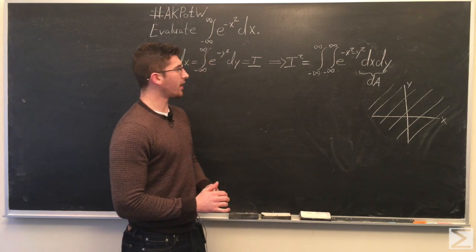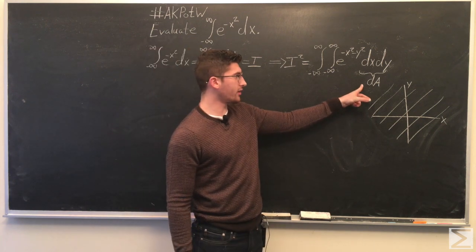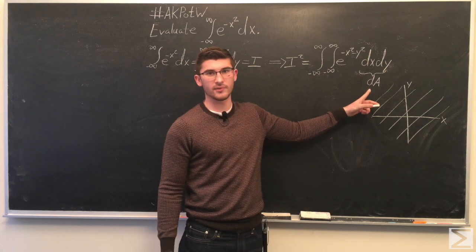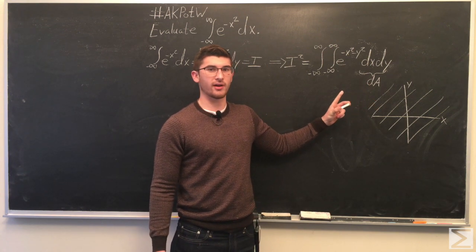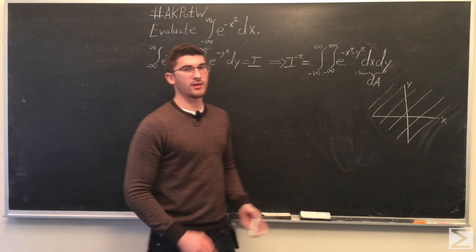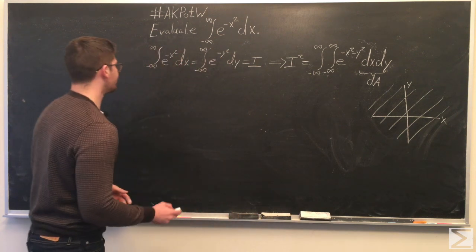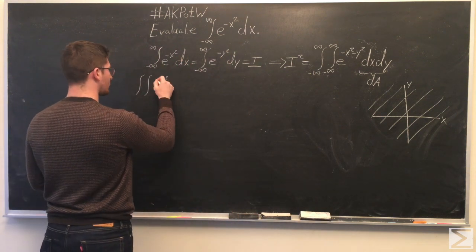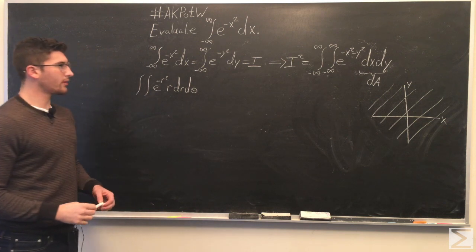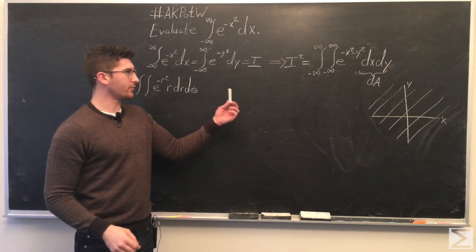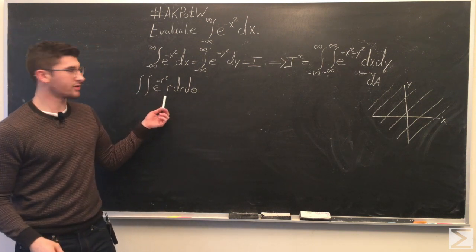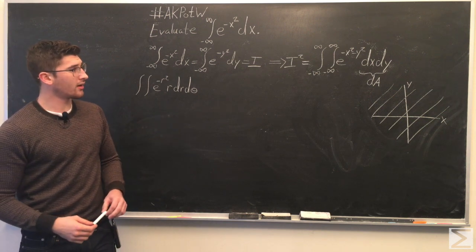And in polar coordinates, dx dy, or dA, is described by r dr d theta. So we'll convert that now. This is the same as e to the negative r squared r dr d theta.